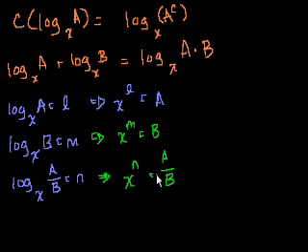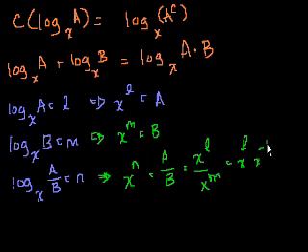So what can we do here? Well, what's another way of writing a over b? That's just the same thing as writing x to the L, because that's a, over x to the m, that's b, right? And from our exponent rules, this could also be written as x to the L times x to the negative m, or that also equals x to the L minus m.